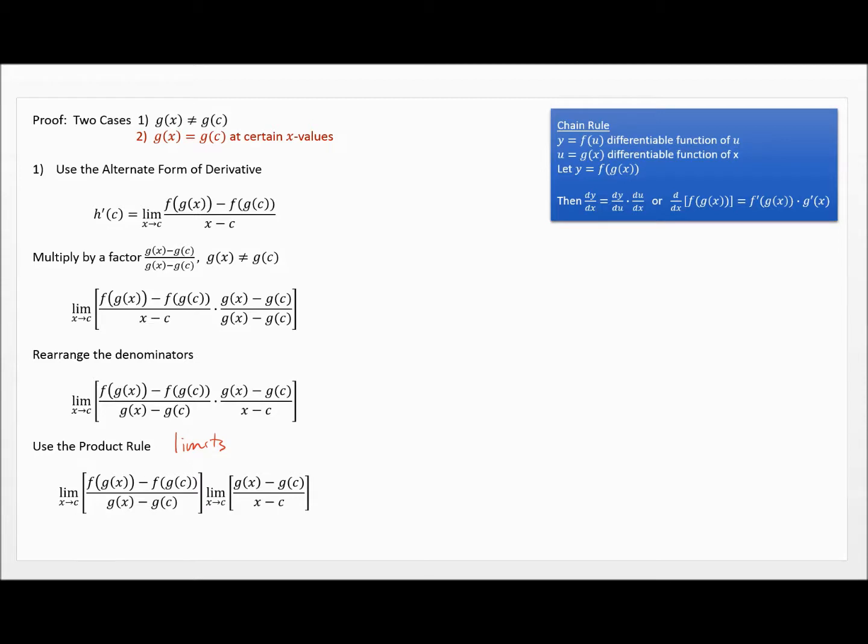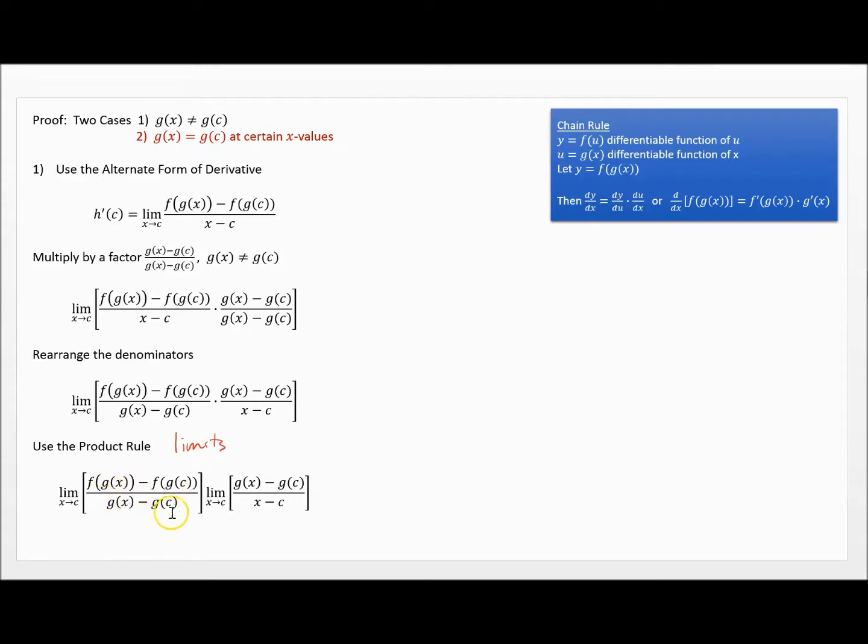Now, if you take a look at this, remember our alternate form of a derivative above. Okay, this f of g of x minus f of g of c over g of x minus g of c, that is the derivative of f at g of c, right?